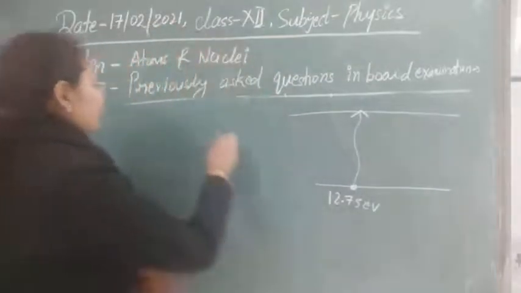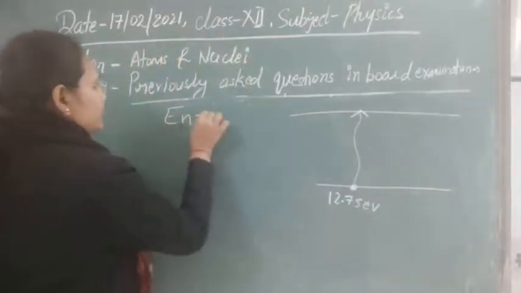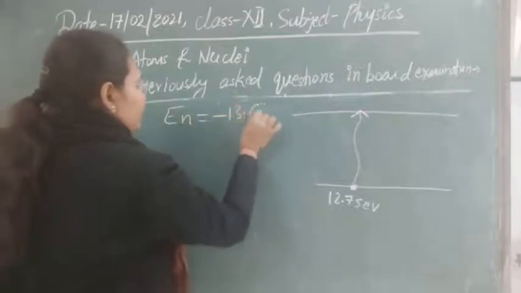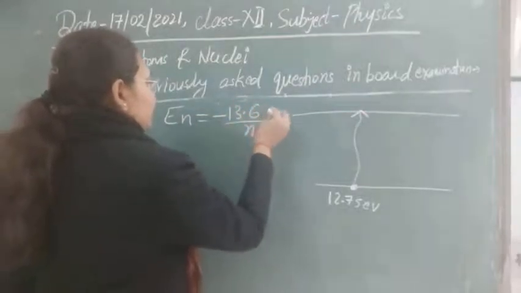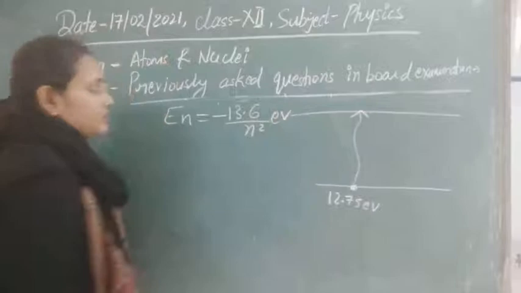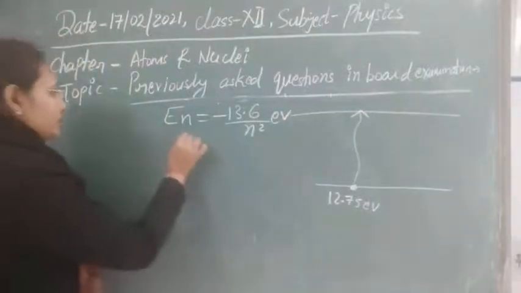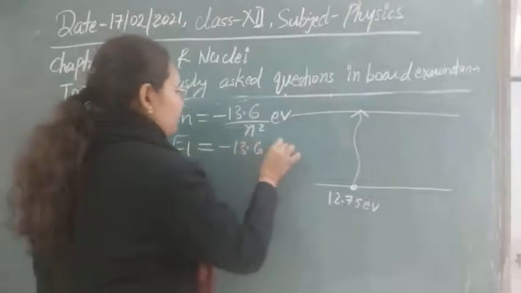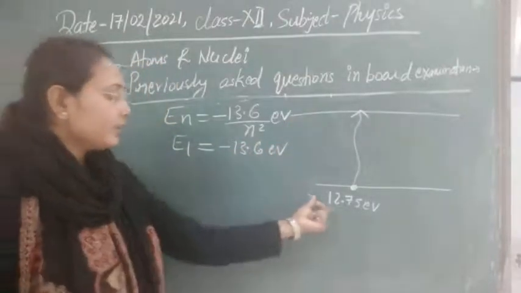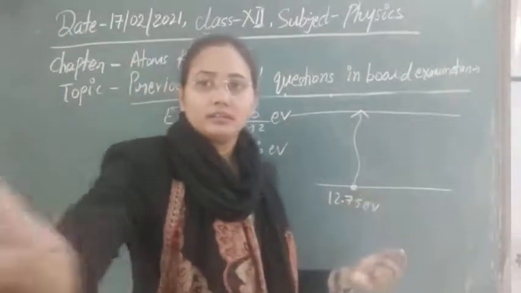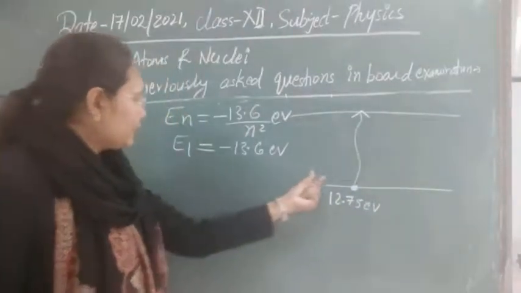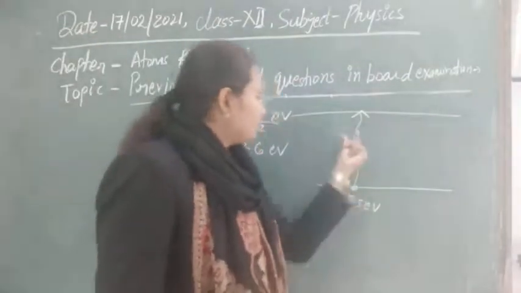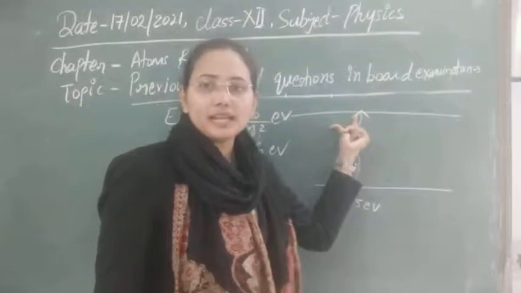So it means that they are in the n is equal to 1 state. The energy of the n is equal to 1 state we can easily calculate by using this formula, minus 13.6 upon n square electron volt. So from here the first state energy is minus 13.6 electron volt. And if this electron absorbs this energy, then it will go into one of the excited levels.